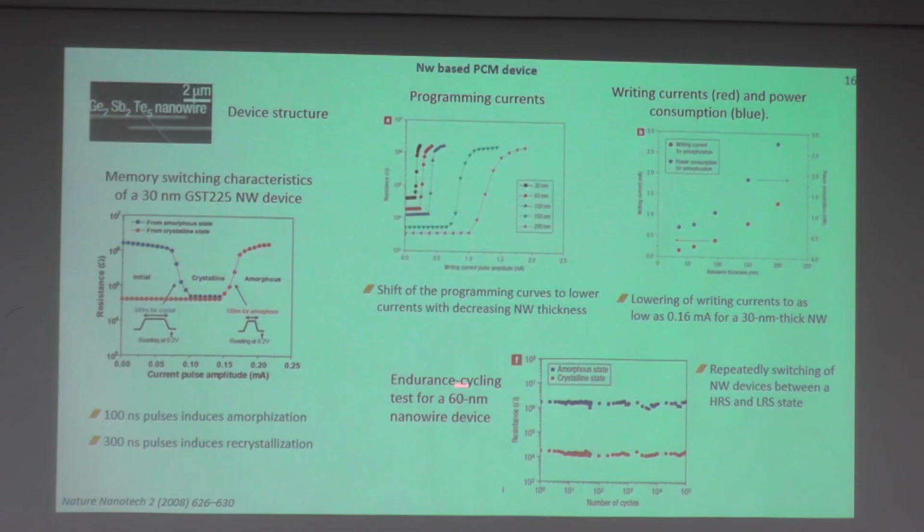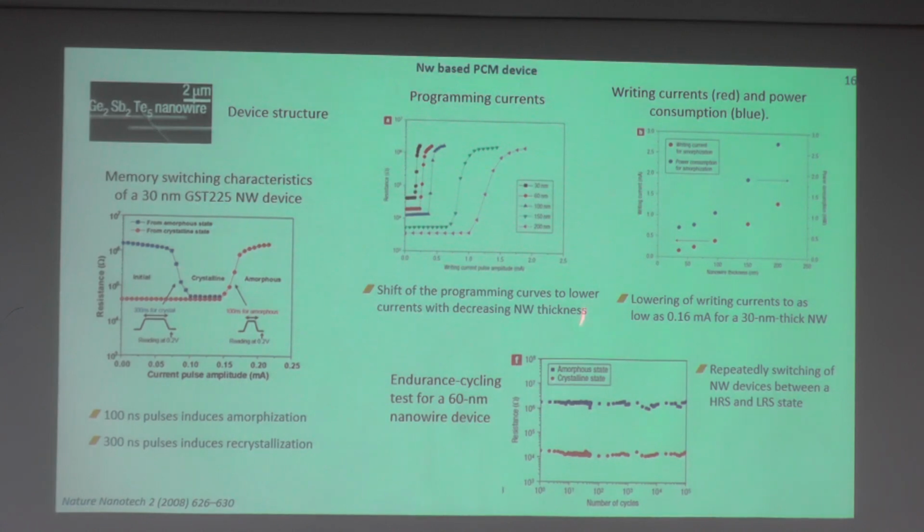And the endurance of such devices, tested for a 60 nanometer nanowire device, was really nice. It could be tested up to 10 to the 6 times, and there was a difference between the high resistance state and the low resistance state, enough for device application.